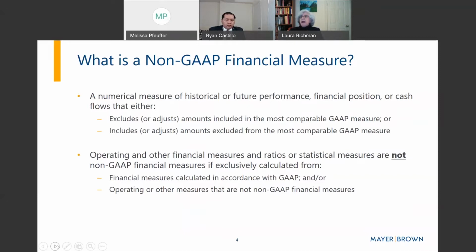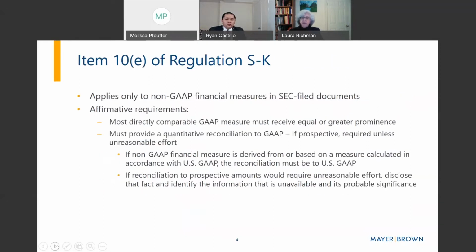Now, operating measures and other financial measures and ratios or statistical measures won't be considered non-GAAP financial measures if they are exclusively calculated from financial measures calculated in accordance with GAAP and/or operating or other measures that are not non-GAAP financial measures. So some of these would be EBIT. I'm still on slide 4.